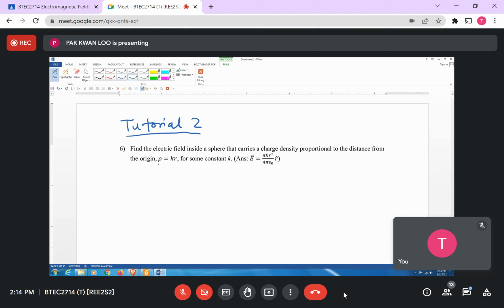Because it says a sphere, they never say a shell, a spherical shell. So we will assume that here we have a volume charge density.